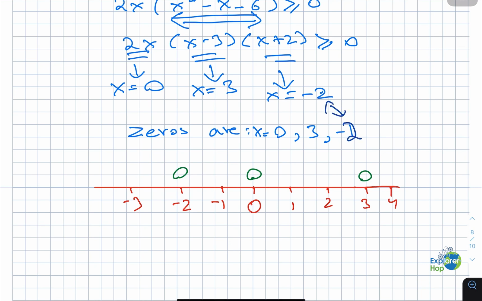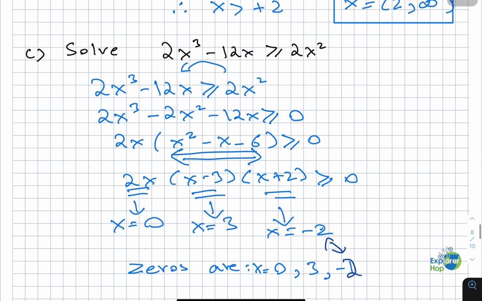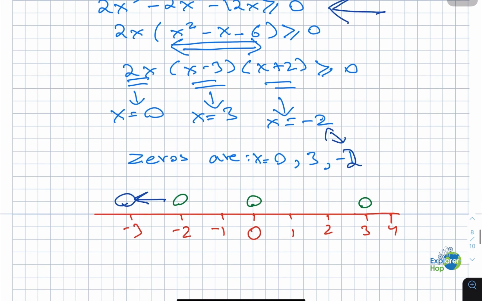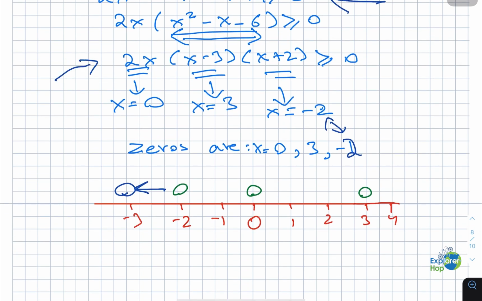Okay, now basically we're trying to figure out where this expression is greater than or equal to 0. So we use test numbers. When x is less than minus 2, we can use the number minus 3. We plug this into our expression.